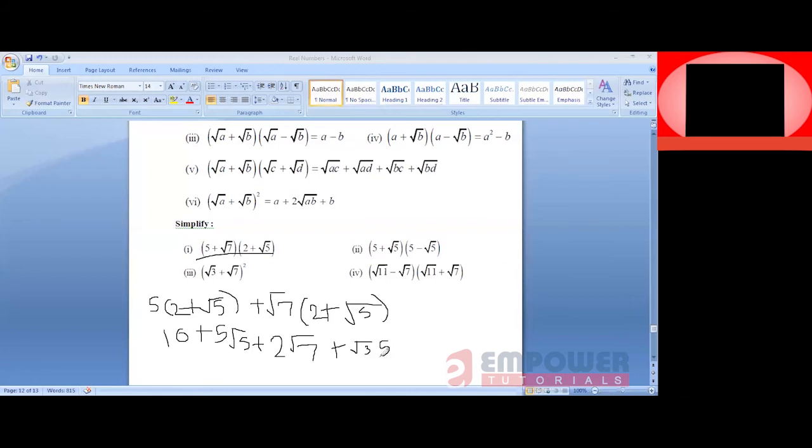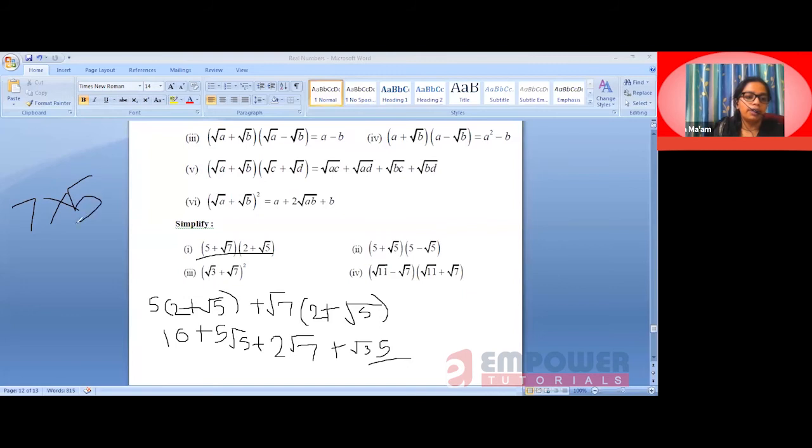Now if you see, here also there will be root 7 into root 5. Here you have root 5 and here you have root 7. If you take the factors of 35, that will be 7 into 5, so this will be in the form of root 7 into root 5. So it will be more complicated.